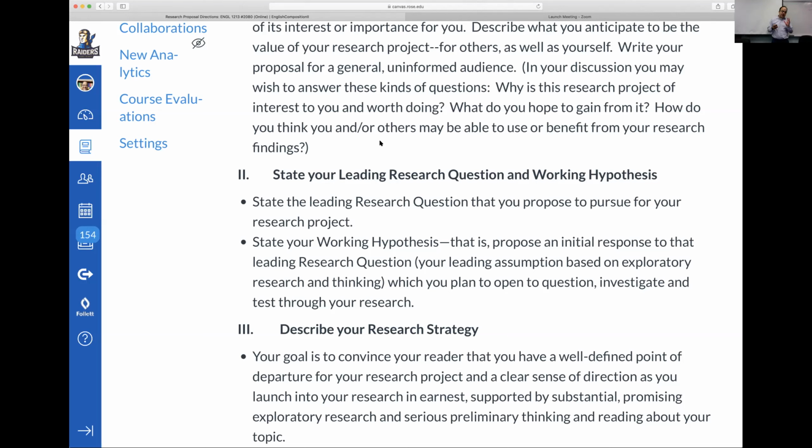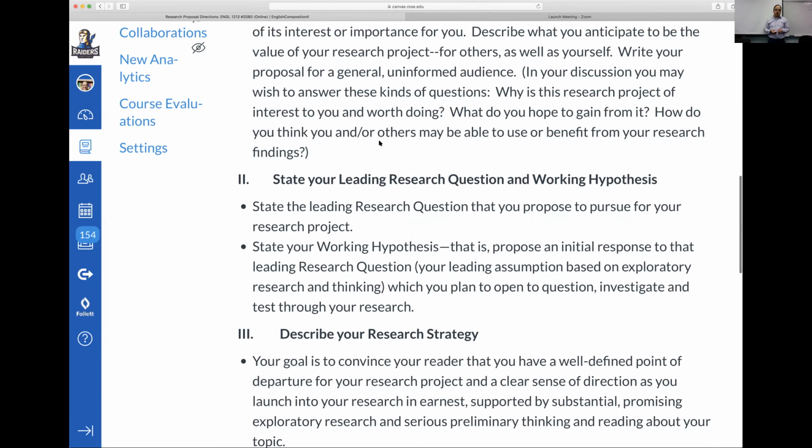So you take that topic that you had and you kind of phrase it as a question. How do we address this problem? And the answer to that, your initial answer, is called a working hypothesis. So it is a proposal that you put together that talks about how you're going to answer that question, how you're going to pursue it.